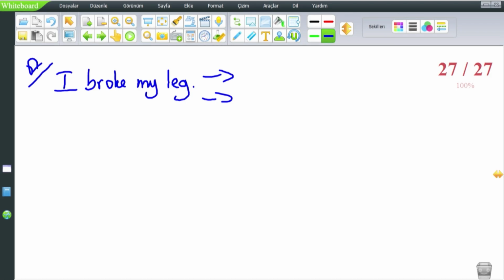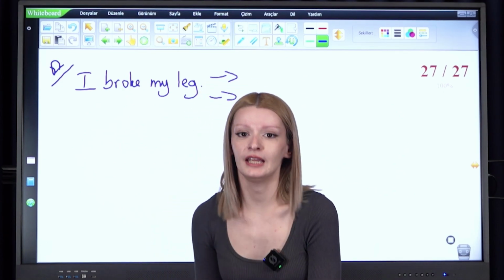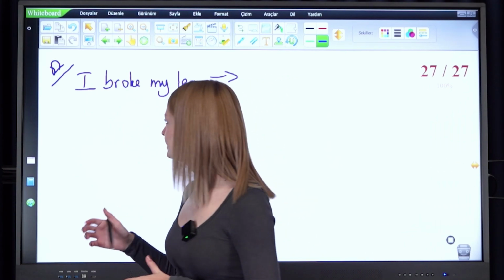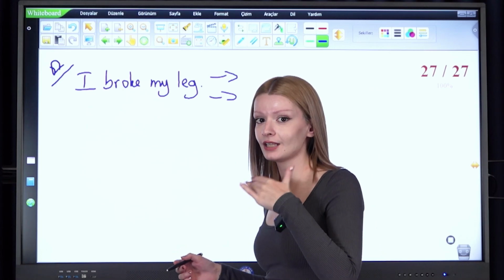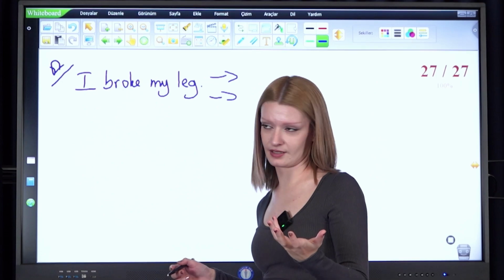But there's an exception here. I didn't mean to break my leg. I didn't mean to. I didn't want to. That's why when I'm going to make it passive voice, I will not use at the end of the passive voice sentence my subject.